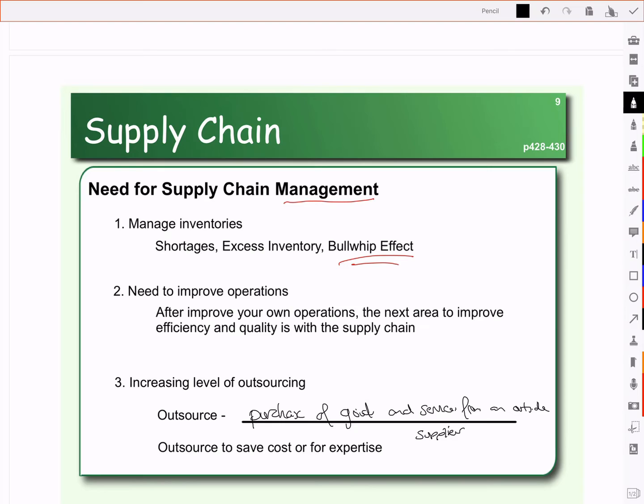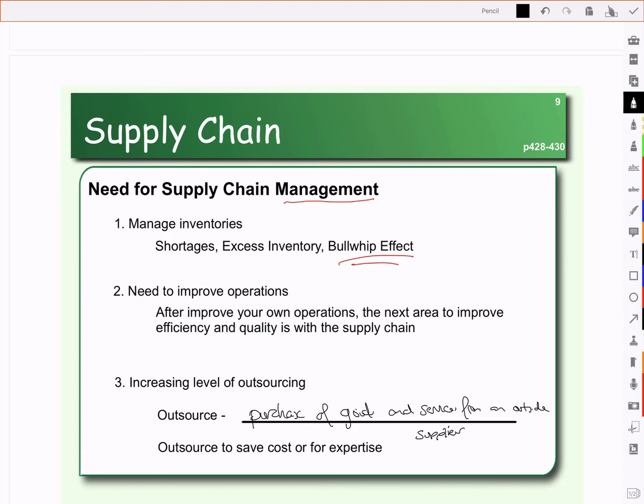So you outsource parts of your production if they can do it better than you. They have the expertise you don't. They can do it for cheaper than you can. And that may be because they have economies of scale, so they're producing larger quantities, and so they have a lower cost per unit than you would. So you outsource when someone else can do it for cheaper.